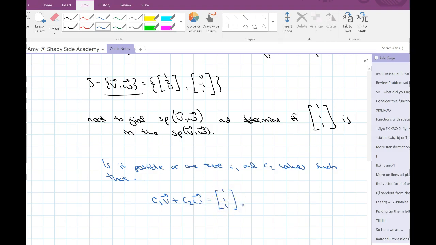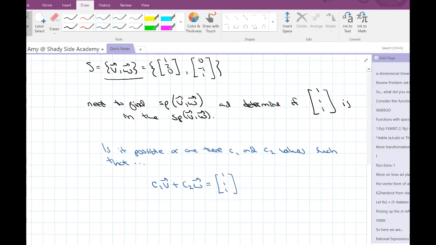Okay, is it possible to linearly combine vector V and W and get 1, 1, 1? This right here is just the span of set S. So I'm going to go ahead and do this. C1 times 1, 2, 0 plus C2 times 0, negative 1, 1. Does that equal 1, 1, 1?